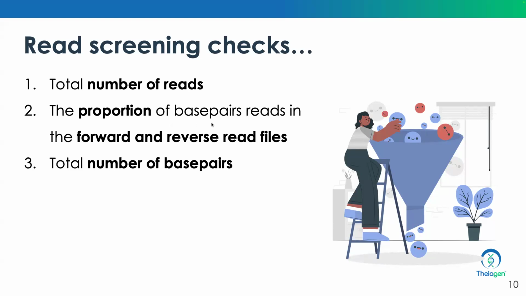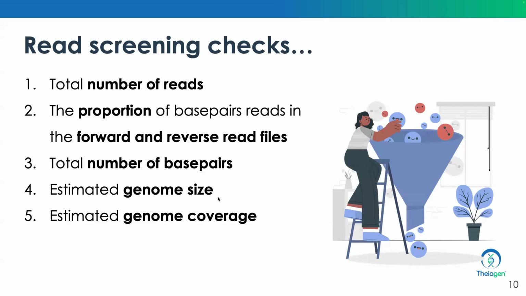Also the total number of base pairs, going back to that genome length, and related to the coverage: the estimated genome size and the estimated genome coverage. All these are related, again looking at a cutoff or threshold based on the smallest known bacterial genome.